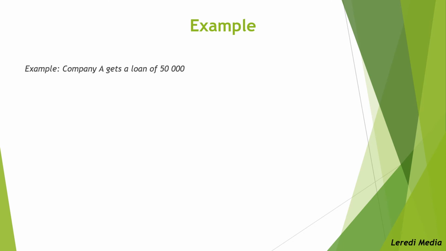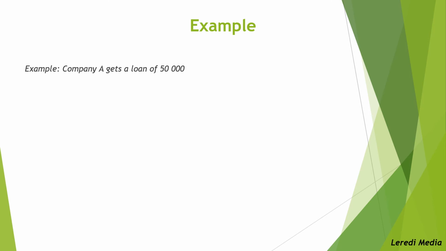Let's first start with the first question. Do we have an obligation? Well, company A went to the bank and got a loan of 50,000. As a result, the bank will sign a loan agreement, and that loan agreement gives rise to a legal obligation, and that legal obligation is a present obligation.